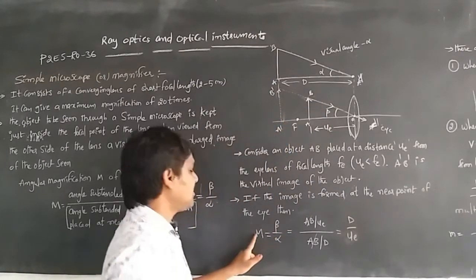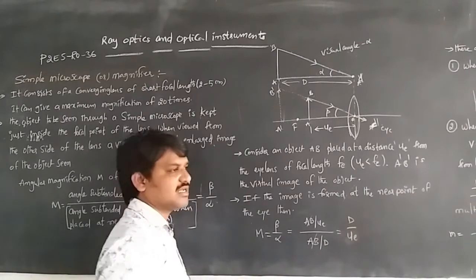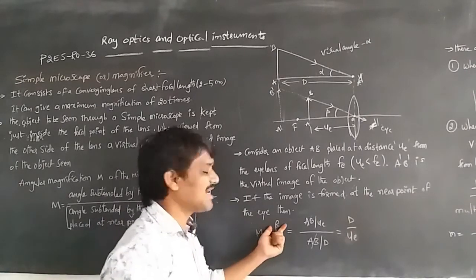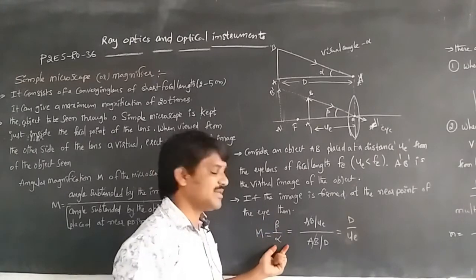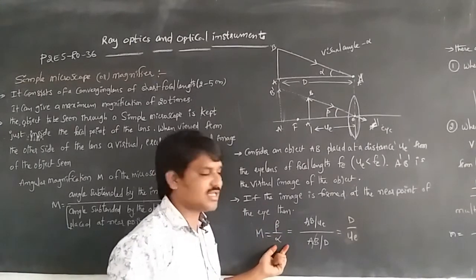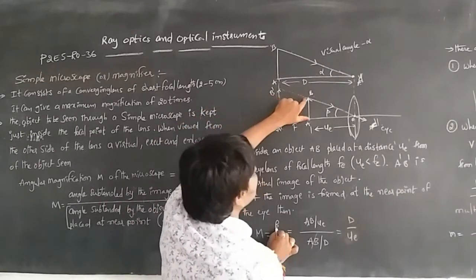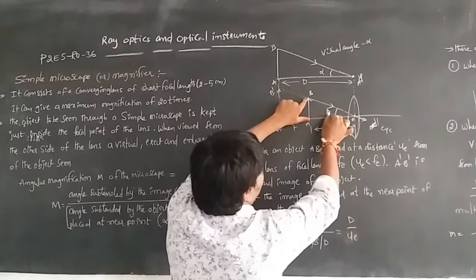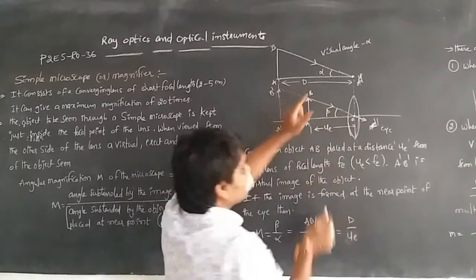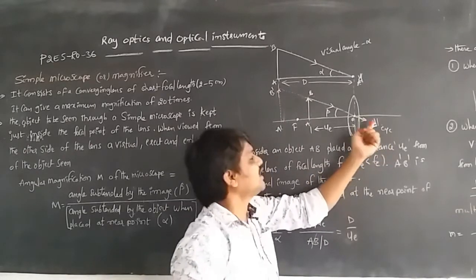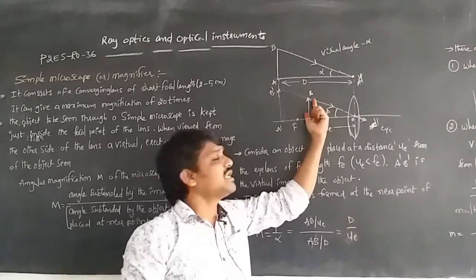Then m is equal to beta by alpha, the angular magnification, where beta is the angle subtended by the image at the eye and alpha is the angle subtended by the object at the eye. When the eye is taken near to the lens, the image is formed at the near point.